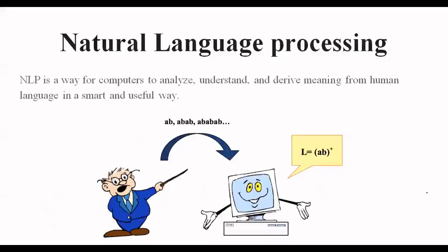There is one more concept which we discuss in the AI aspect, which is natural language processing, NLP. NLP is a way for the computer to analyze, understand, and derive meaning from human language, whatever language we are using, in terms of written or spoken words, in a smart and useful way. So the machine will learn from our language. It is quite used for translation.